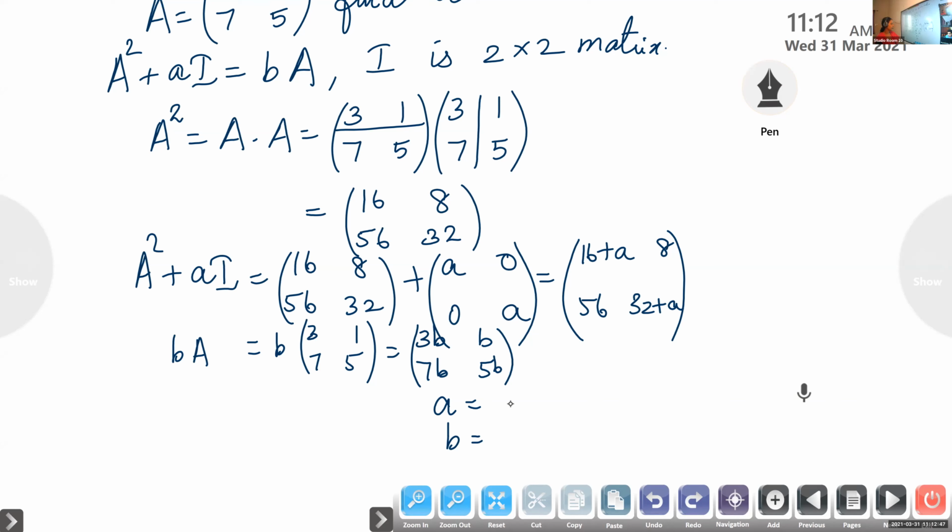Michael, can you tell me the value of a and b? I'm still doing that. Which step are you doing now, Michael? Multiplying the identity matrix with the 16, 8 of A squared. Okay.